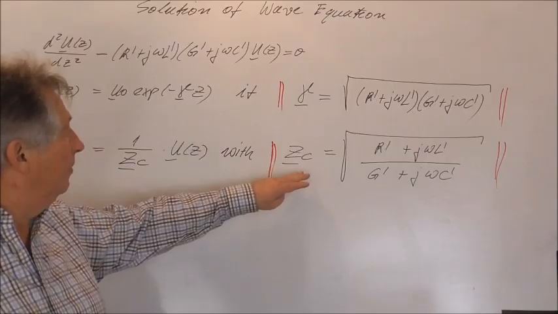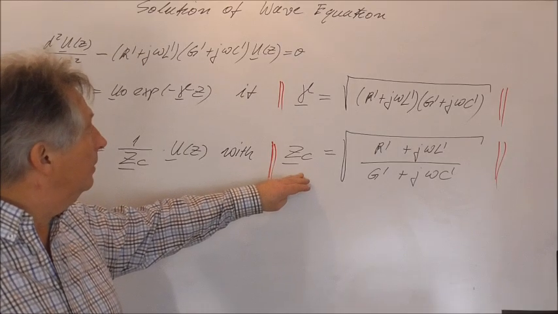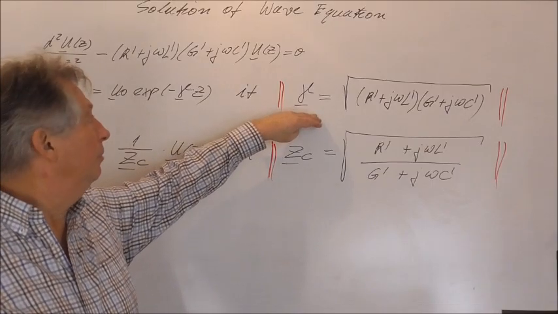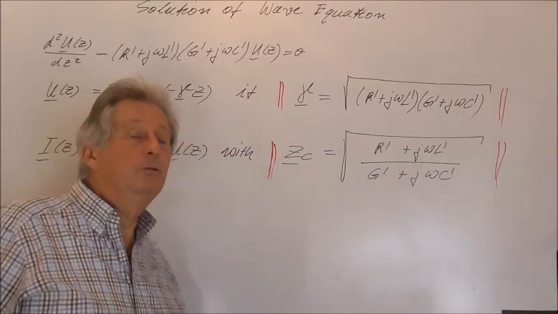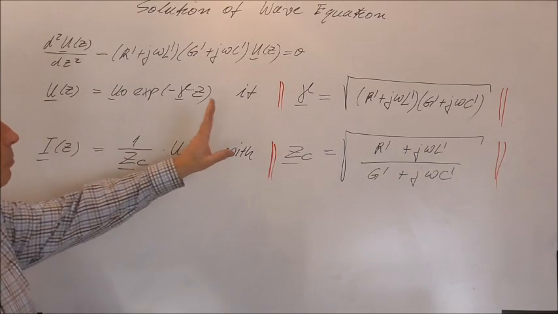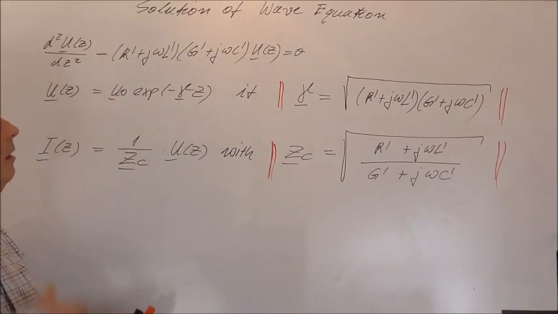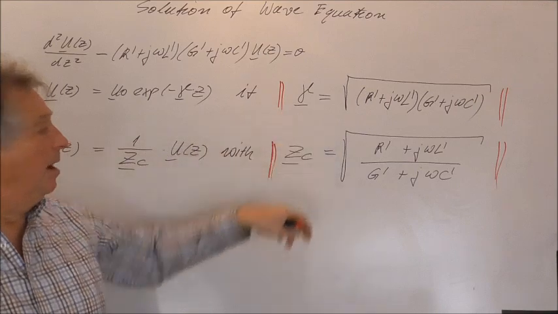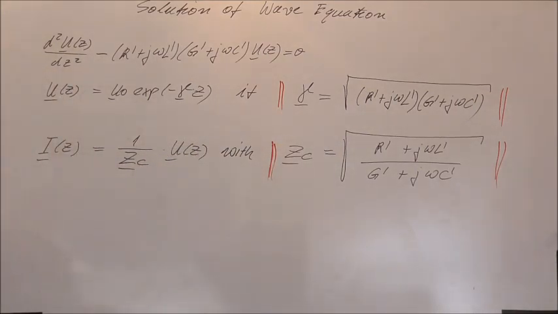We already termed this the complex valued characteristic impedance. Up to now we did not assign a name to this constant. So from a mathematical point of view we already found a solution, but now we have to discuss the physical significance or special cases for gamma and ZC, the characteristic impedance.